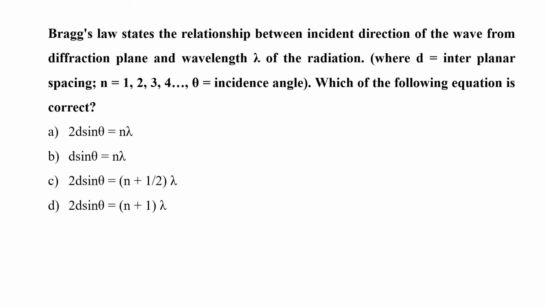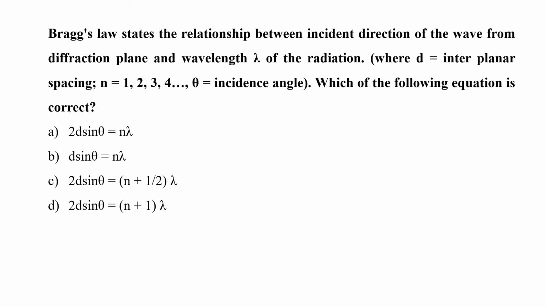L. Bragg. The law states that the X-ray is incident onto a crystal surface. Its angle of incidence, that is theta, will reflect back with the same angle of scattering theta. And when the path difference d is equal to a whole number n of the wavelength, a constructive interference is going to occur.